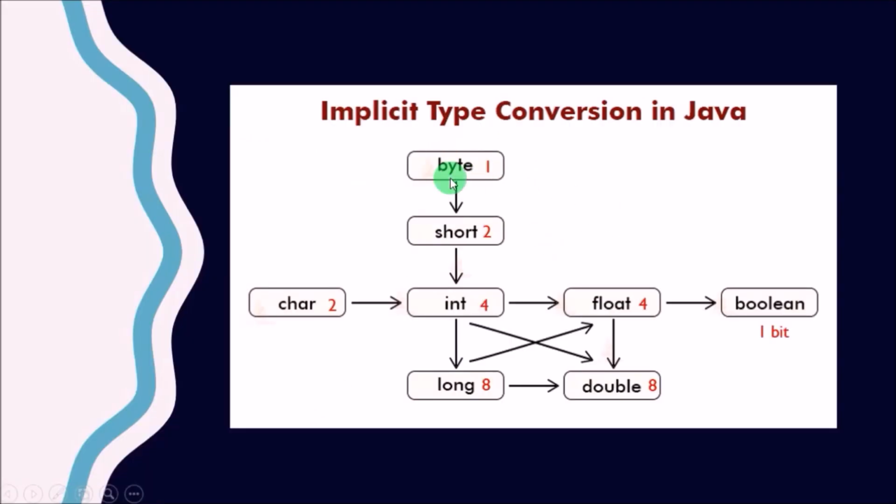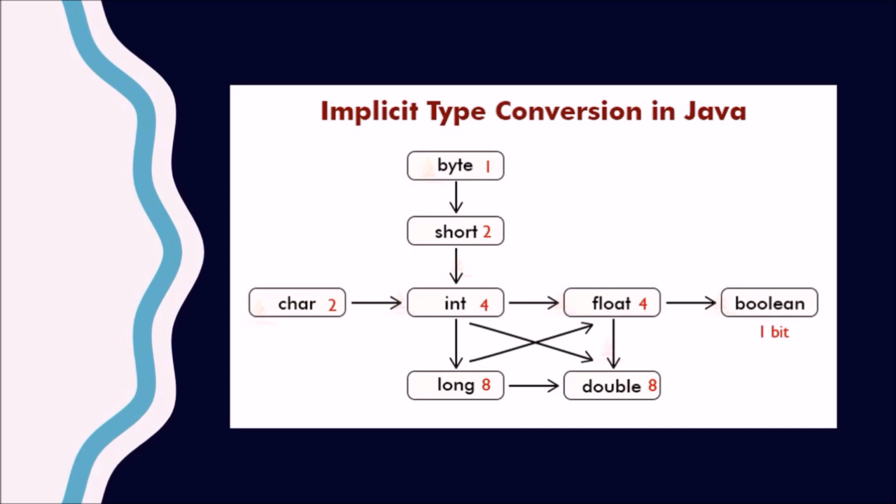Here byte is of 1 byte, and the size of the short data type is 2 bytes. What does that mean? We can perform type conversion on byte to convert it to short, but we cannot go back, which means we cannot convert short to byte because short is of higher size.